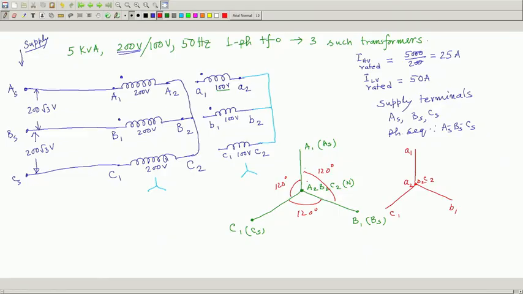So, this will be the phasor diagram, and then I will say this is a 3 phase transformer which is connected in star star, that I will write like this, and where are the output terminals? Output terminals are here.